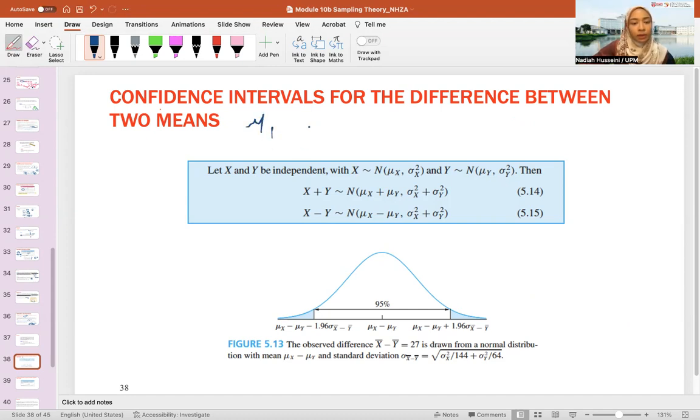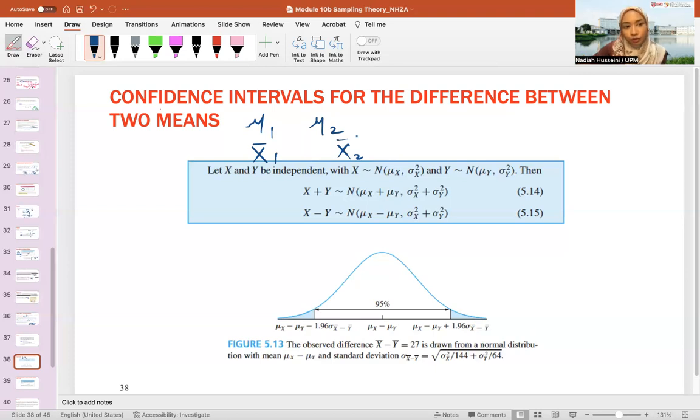So we have sample mean number 1 and sample mean number 2. We're trying to find if our population mean will be in between this interval. Let's just go for it first. Let X and Y be independent.